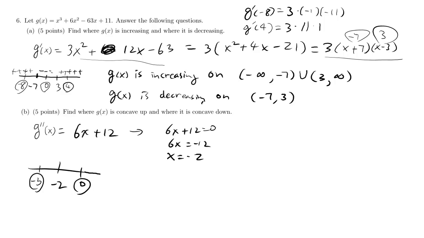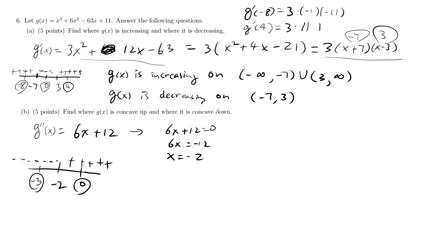I'll put 0 and negative 3 to determine the sign of g double prime. When you plug in 0 here, 6 times 0 plus 12 is positive, so we know that it's plus over here. And then when you plug in negative 3, negative 3 times 6 is negative 18, plus 12 is negative 6, so you know that it's negative everywhere here.